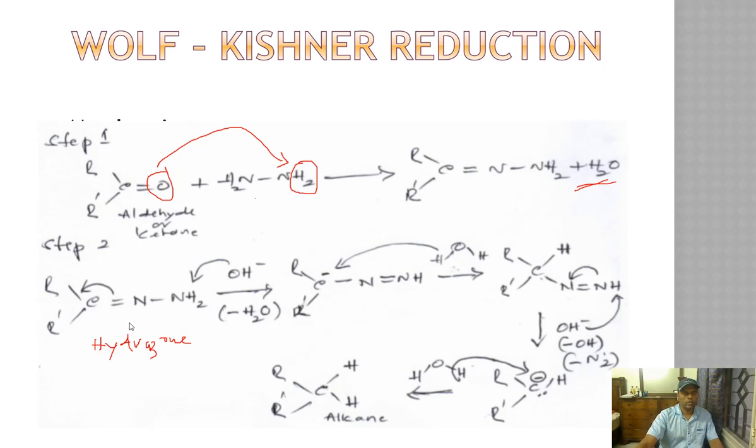So here what happens is the bonding electrons of this bond between C and N are going to shift onto the carbon. So carbon is going to get the negative charge, and the hydrogen of water is going to get attracted to this negative charge, right?